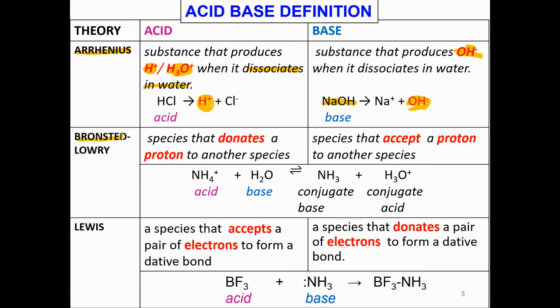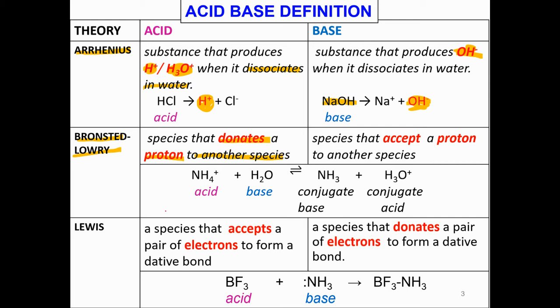According to Bronsted-Lowry theory, an acid is a species that donates a proton to another species. What does it mean here? Let's have a look. For example, NH4+ is an acid. Why do we say that?